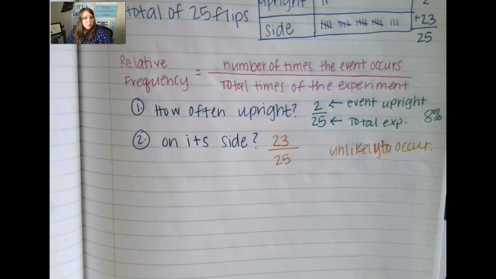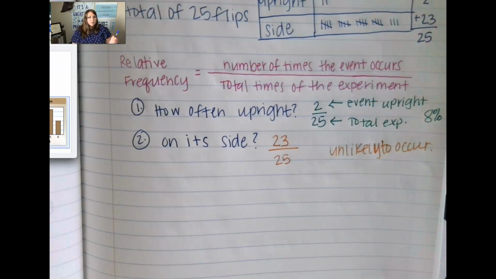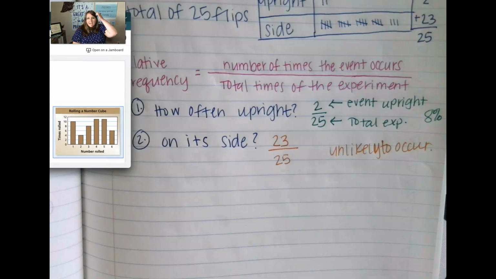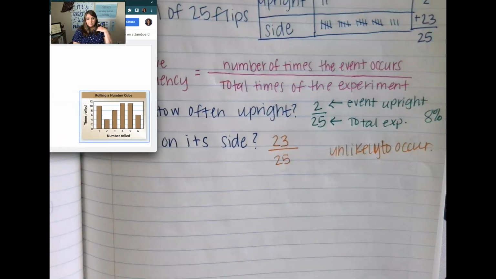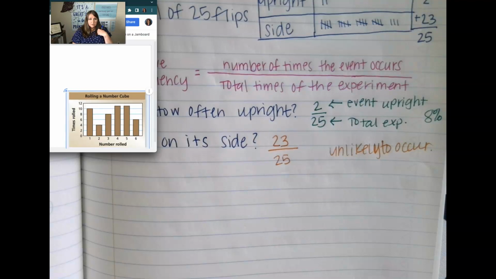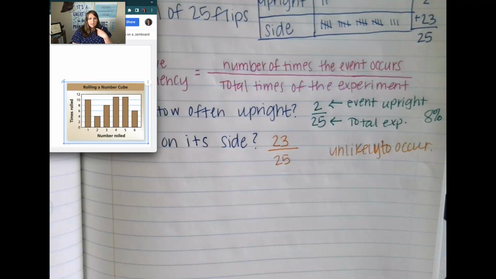Okay, the next example that we're going to use is going to use a number cube that we're going to roll. So it has a chart that looks like this, if I can make it just a smidge bigger. And on our number chart, it says the number that was rolled with the times that we rolled the cube.